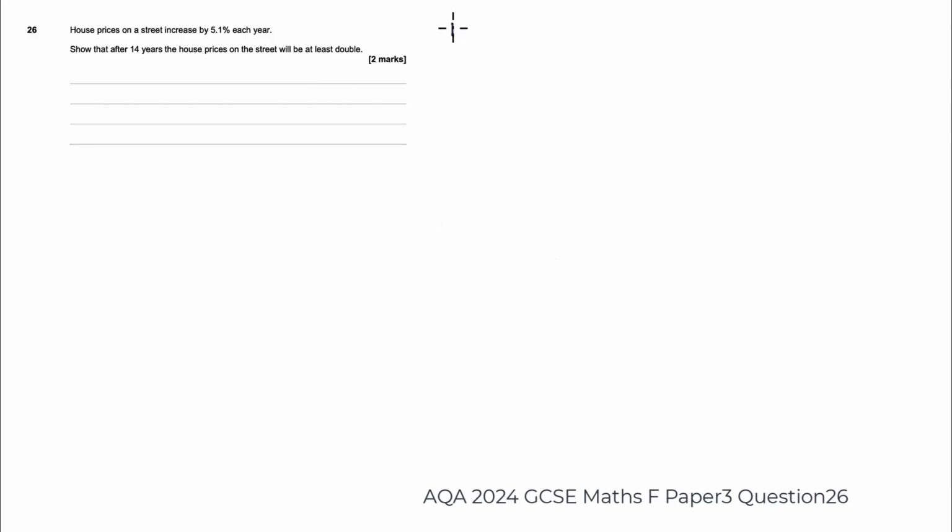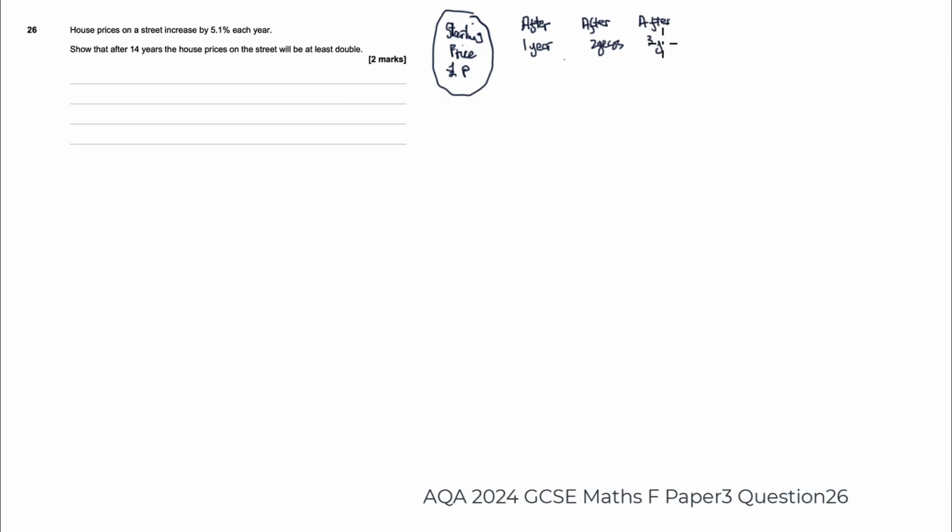So the starting price, we don't know what the house price is at the beginning, we'll call it P. So that's the starting price. And then we'll have various prices as we go after 1 year, after 2 years, let's put 1 more in, after 3 years.